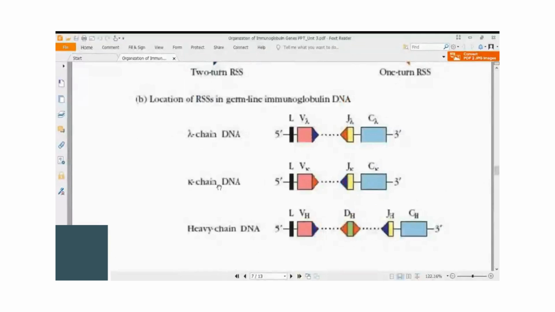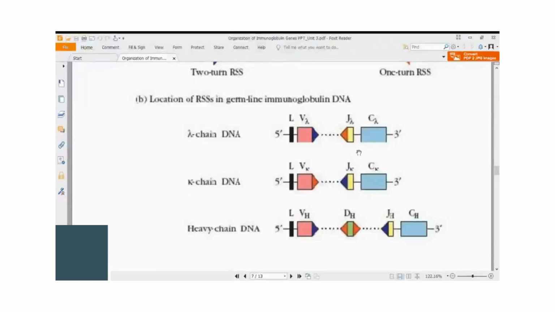In the case of Kappa chain, the 3' end of the variable region has one turn sequence, and J has two turn sequence. Now the beauty of this is the recombination signal sequence is such that it is always the fusion or recombination between two turn to one turn or one turn to two turn. It is never between one turn to one turn or two turn to two turn.